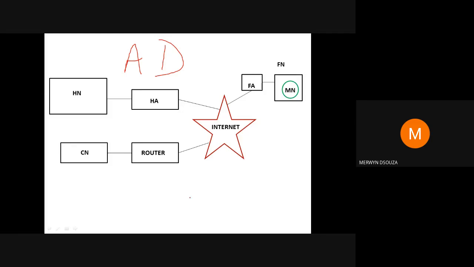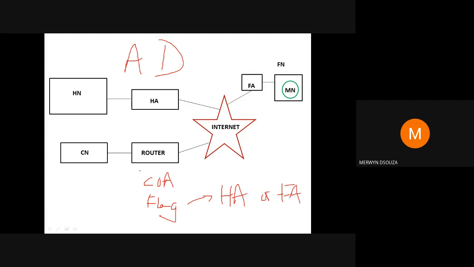They keep sending messages periodically after certain intervals of time, and these messages contain one or more care of addresses and a flag. This flag will tell whether it's a home agent or a foreign agent.